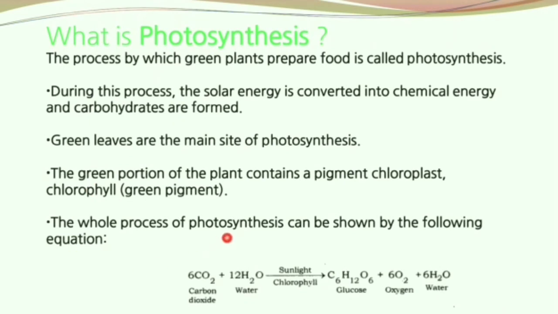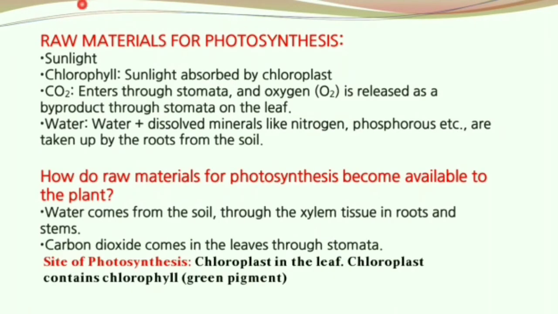The whole process of photosynthesis is shown by the following equation. Carbon dioxide and water in the presence of sunlight and chlorophyll get converted into a carbohydrate, glucose, and release oxygen. Raw materials for photosynthesis: sunlight, chlorophyll.